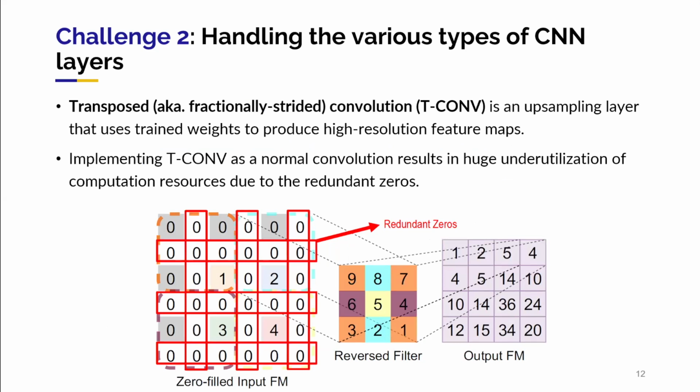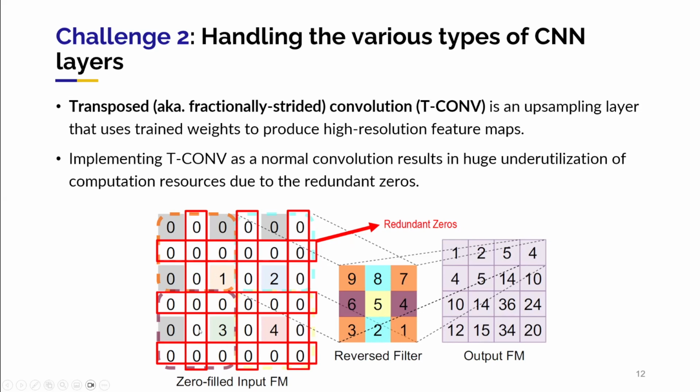Transposed convolution, also called fractionally strided convolution, is an upsampling layer that uses trained weights to produce high-resolution feature maps. The naive implementation of transposed convolution inserts a lot of zeros in the input feature maps, as shown in this picture. So the original input feature map is just 1, 2, 3, 4, surrounded by the padding zeros.